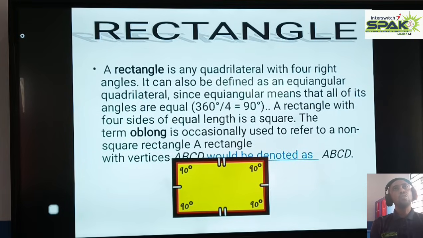A rectangle with 4 sides of equal length is a square, and the term oblong is occasionally used to refer to a non-square rectangle. The figure you have below is an example of a rectangle. You can see the 2 parallel sides are equal, and each angle is a right angle.